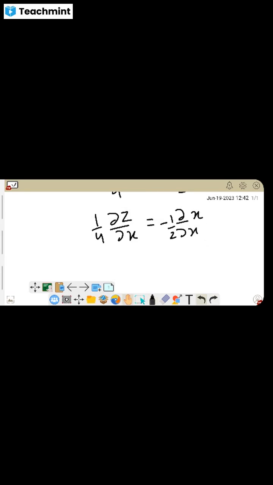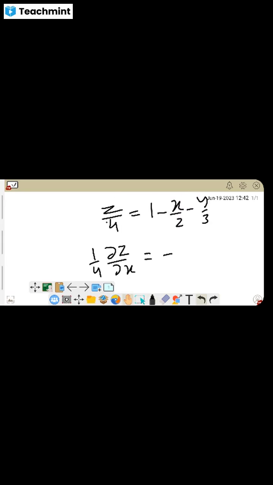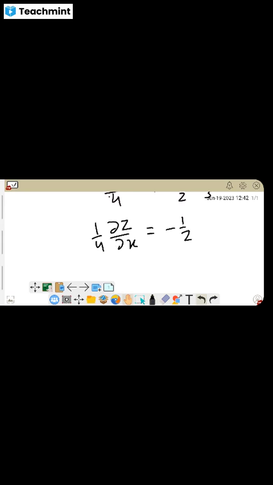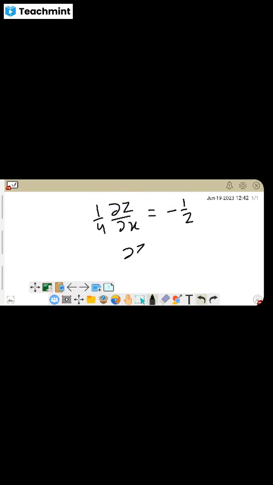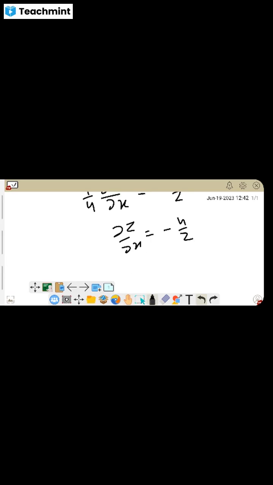Because differentiation is with respect to x, so this is 1 by 2, and from here del z over del x is equal to minus 4 by 2, or you have minus 2, and this is p.